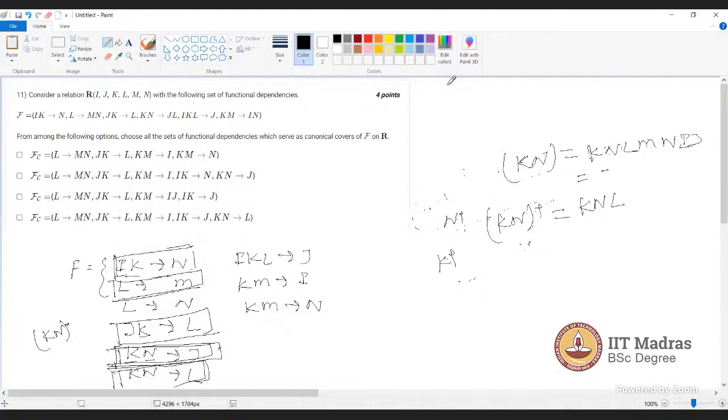Sir, I'm still stuck in the previous step. We are saying KN gives J is redundant because without that dependency we can still find everything else, including J. And now removing KN gives L and finding the closure, we are still able to get J. So you're saying both are extraneous, but one of the two is required, right?